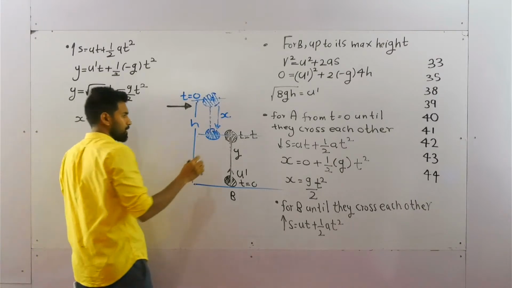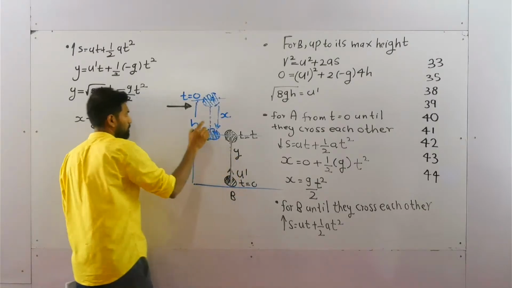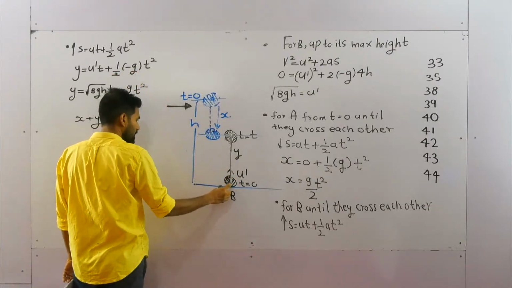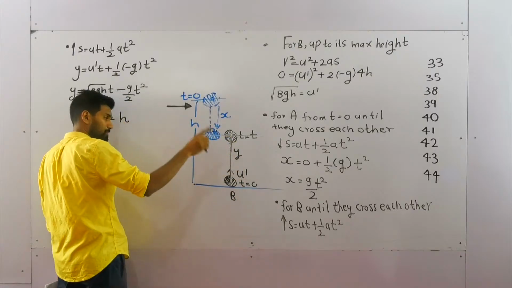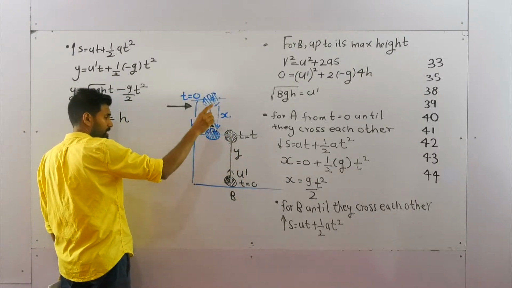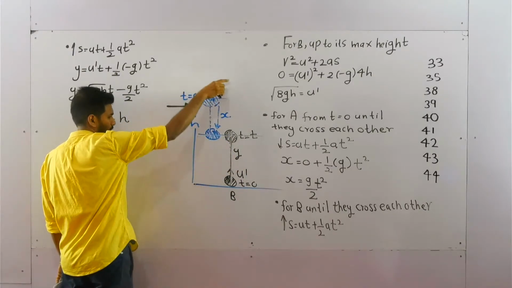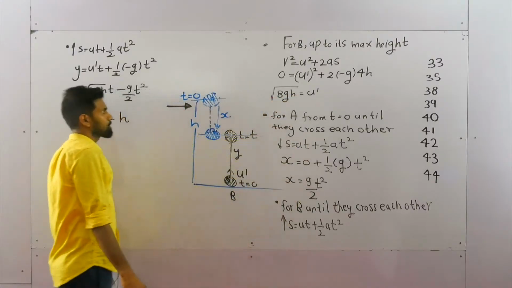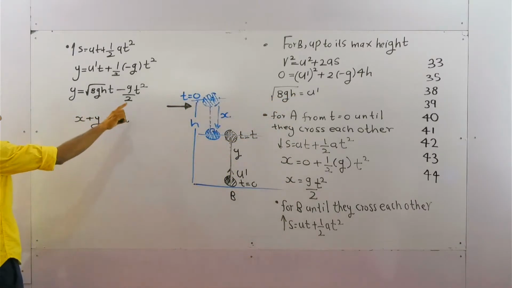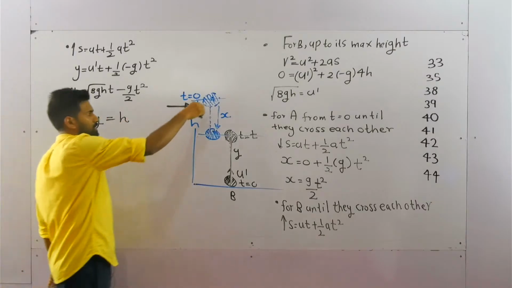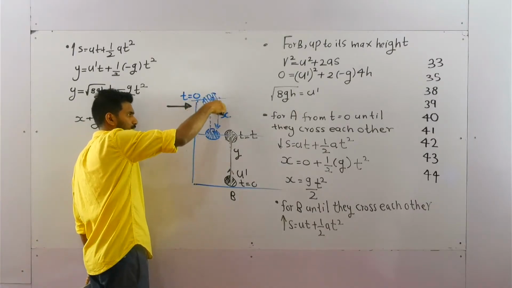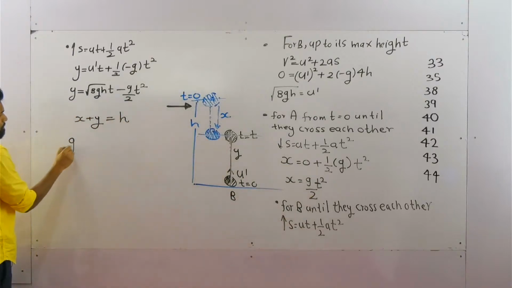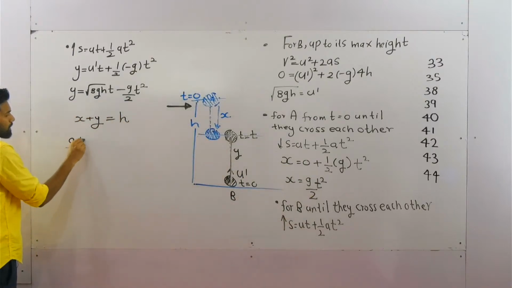The only unknown in this route was the initial velocity of capital B, but they have given an extra fact that it moves a distance 4h before turning back. I used that to find its initial velocity. So now it's clear, I can continue. X, the distance capital A comes downward, is g over 2 t square.